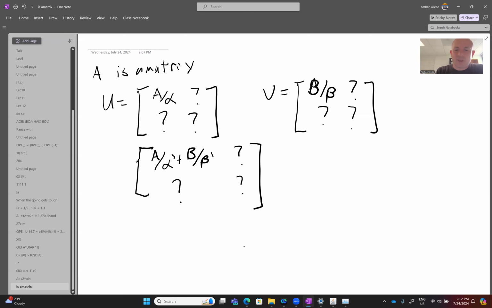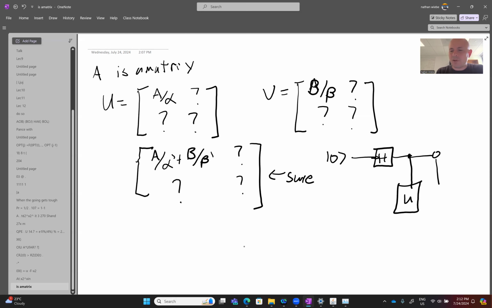And the answer to this is sure, of course we can. What we can do is just add an additional qubit up here and then use LCU in order to sum U and V together in order to build the sum of the two.